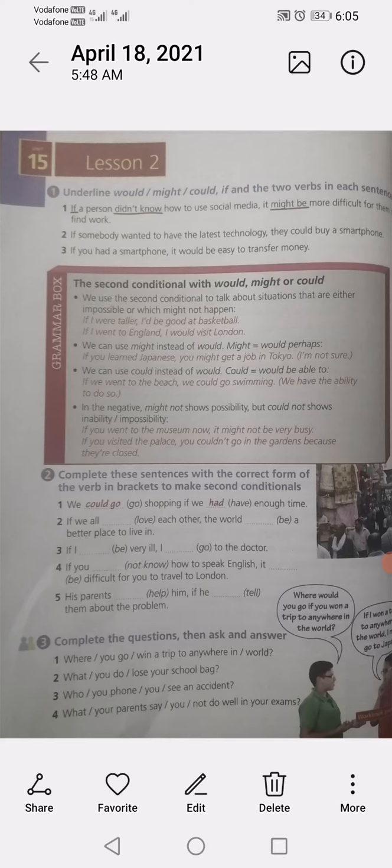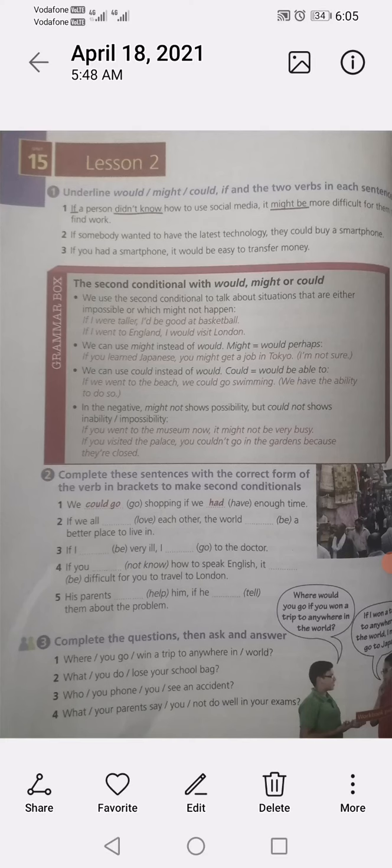Have you finished? Okay, let's check your answers. Number 2, if we all loved each other, the world would be. Okay. Number 3, if I were very ill, I would go.